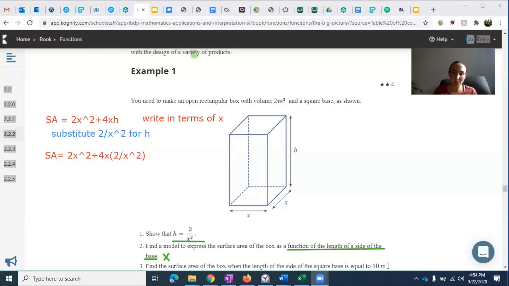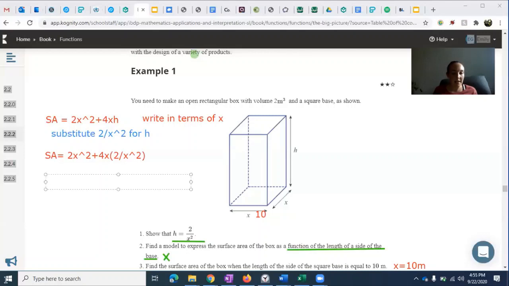Again, we're going to ask ourselves, what does this mean? Well, it's saying that the length of one of the sides is 10 meters. And because it says it's a side of the square base, that means that x equals 10 meters. So we're imagining that this is actually labeled in our diagram, and we know that here's 10. So we're going to plug it into our surface area formula.